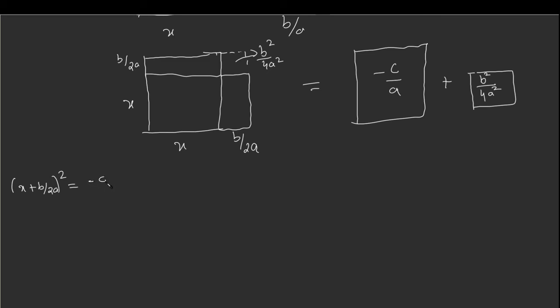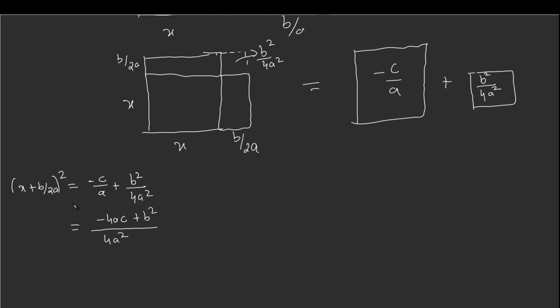Okay. Now I will simplify this. So simplifying, this will be in denominator 4a square, and this is minus 4ac plus b square.